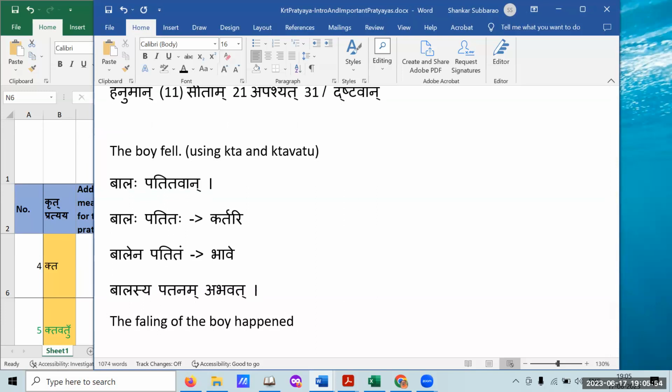Now, suppose you can't use abhavat, what would you say? Bhu dhatu. Not normally used, we won't use it. Yes, Santosh, unmute and say. Balasya patanam bhutaha.